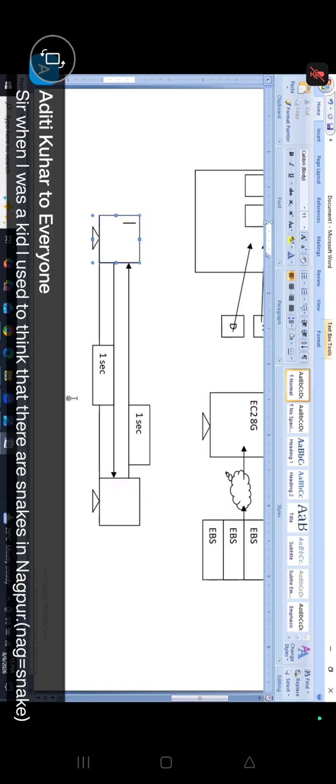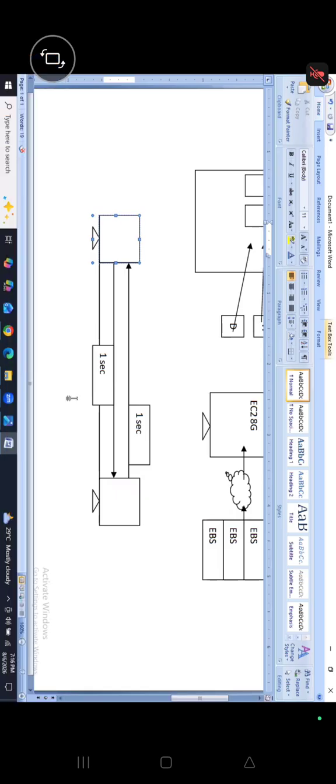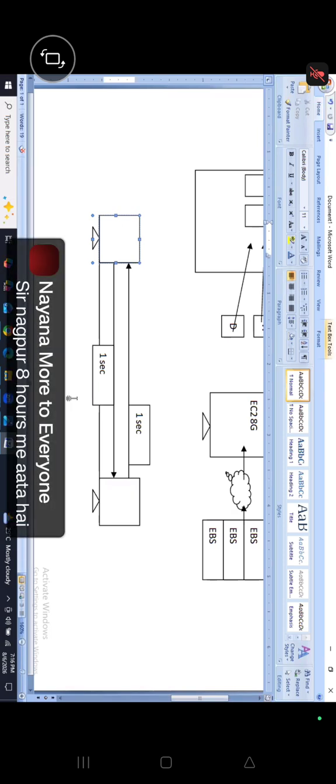Traveling from Hyderabad back to Nagpur, it will again take 10 hours. 10 plus 10, 20 hours. 20 hours latency. I hope you got it.